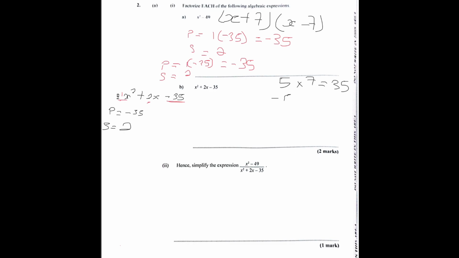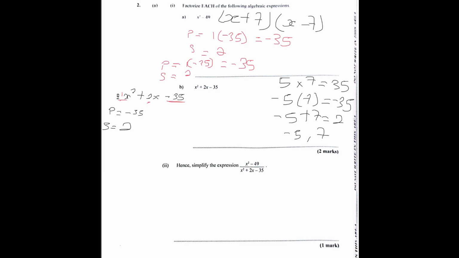Negative 5 multiplied by 7 gives us negative 35. Let's try addition: negative 5 plus 7 gives us 2. So the two numbers are negative 5 and 7.